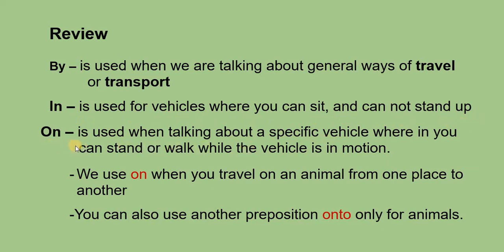On is used when talking about a specific vehicle wherein you can stand or walk while the vehicle is in motion. We use on when you travel on an animal from one place to another. You can also use another preposition onto only for animals. Okay, guys?